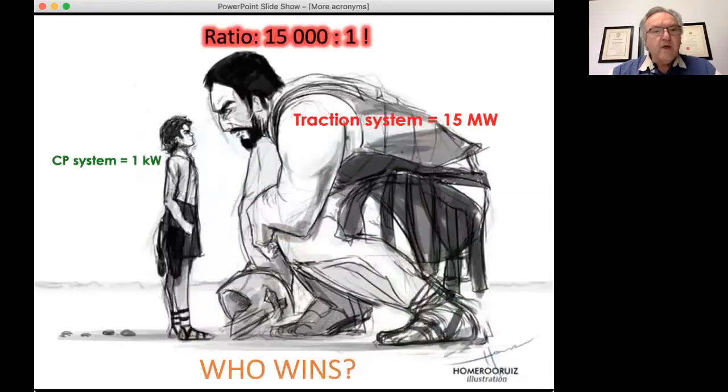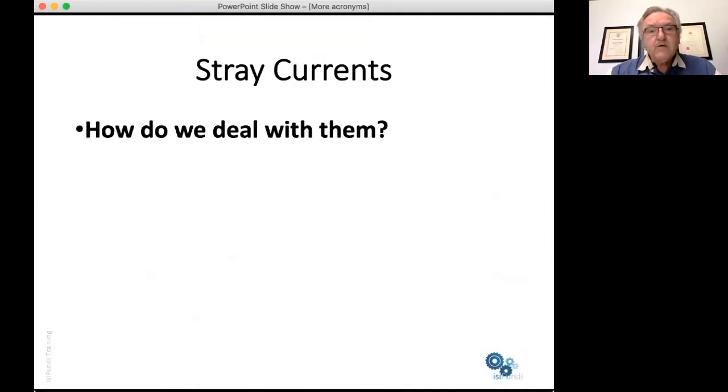We saw that we have a relatively small power system which has to compete with the power from these locomotives, for example, which deliver the current to the railways. And equally, when we looked at the sun, the power of the sun is infinite compared to what we have available. So how do we deal with our stray currents?